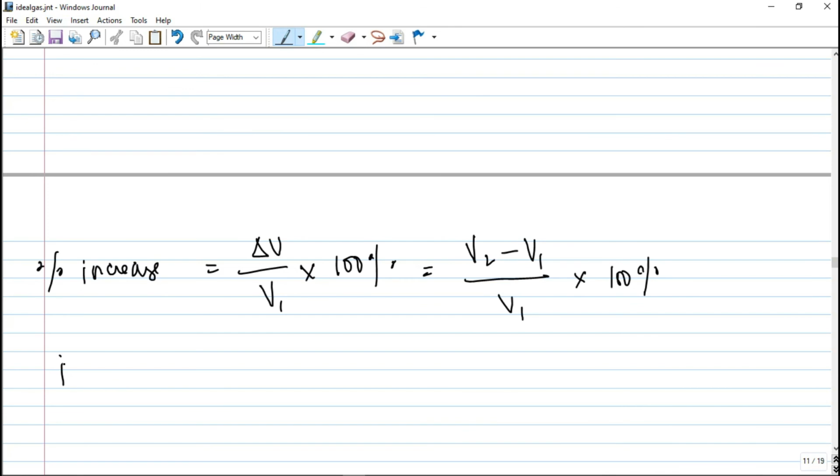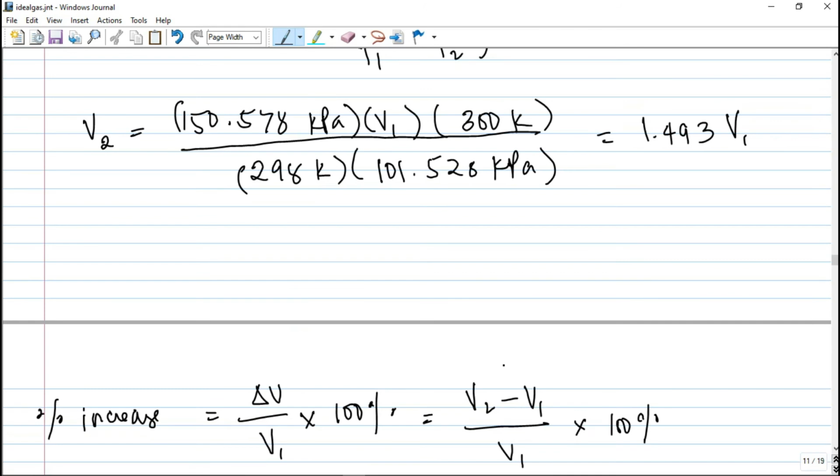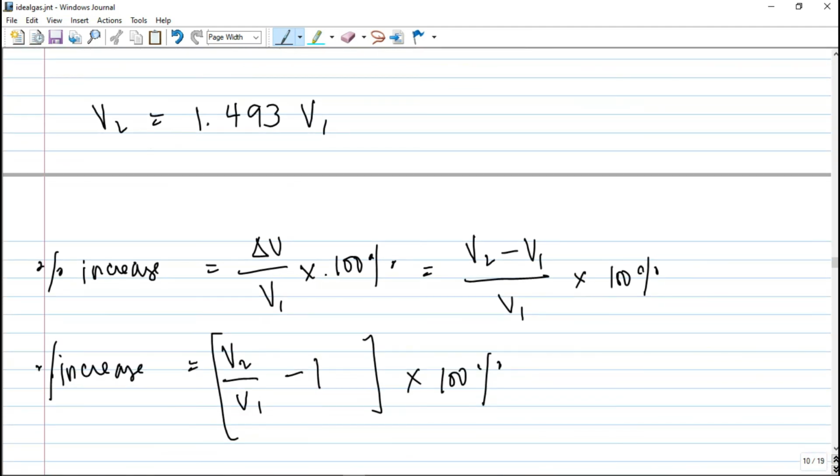So, the percent increase of volume is equal to V2 over V1 minus 1, times 100%. Okay, from the relationship, V2 is equal to 1.493 of V sub 1. We just need to input that here.